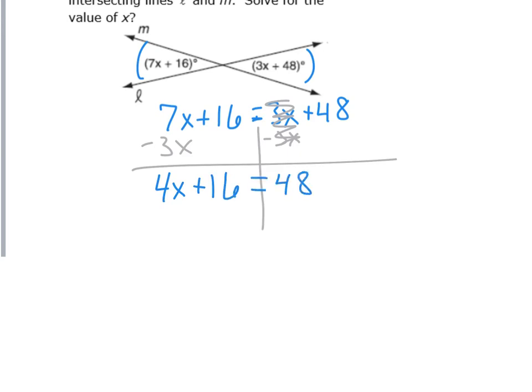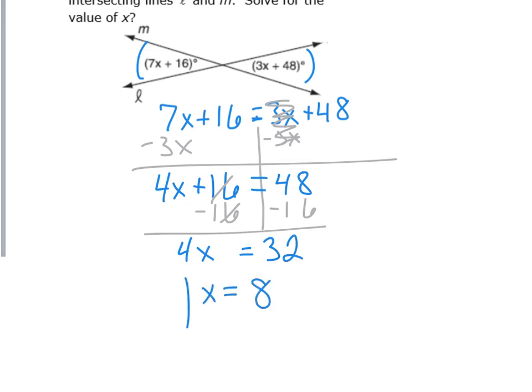Then I need to move the 16 to the other side, so I'll subtract it. When I subtract 16, I get 4x equals 32. Divide by 4 on both sides, and x equals 8. And remember, it said just find x, so I am done right there.